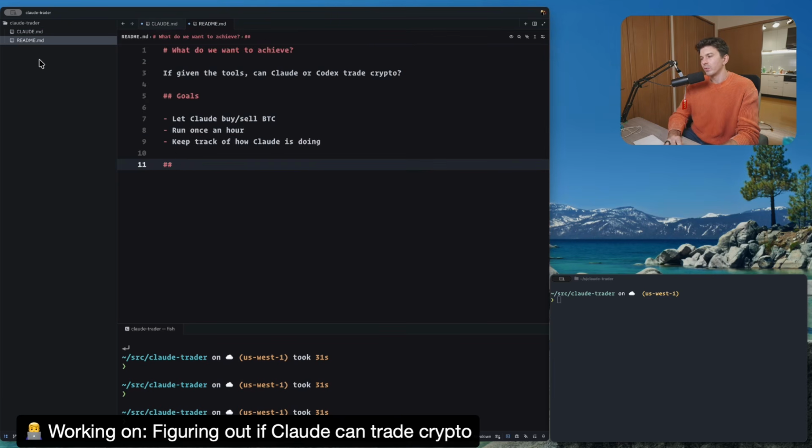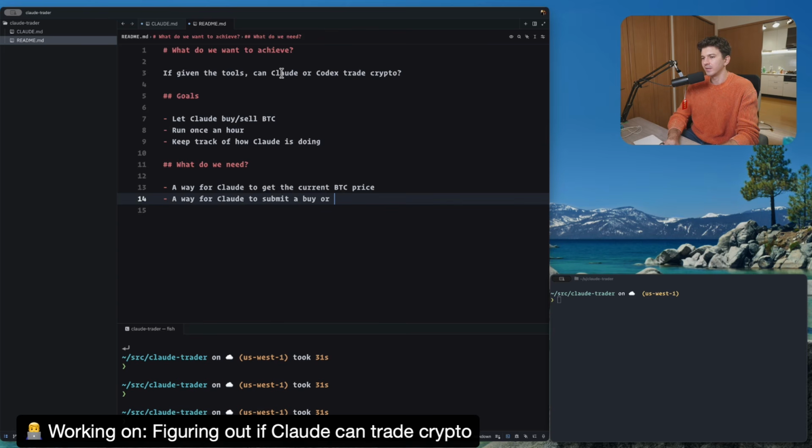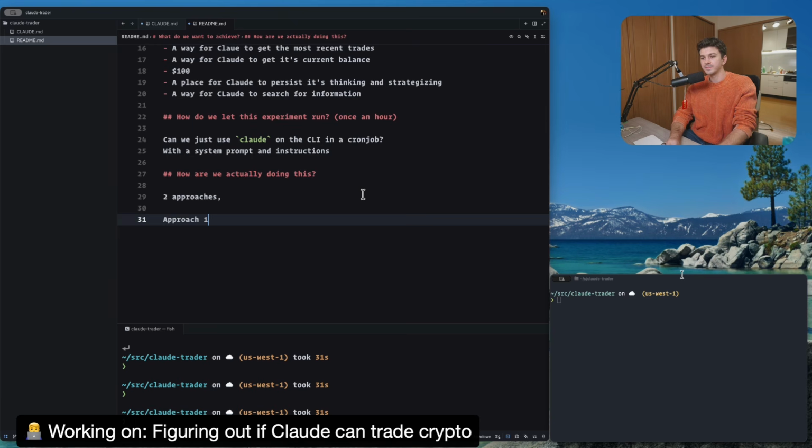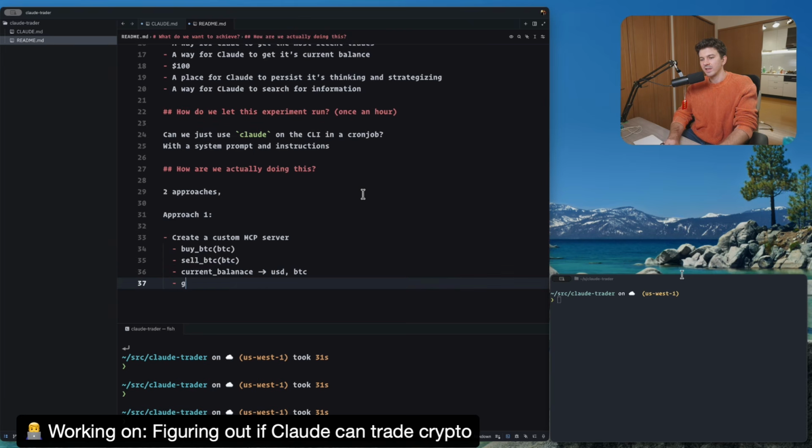To do that, what do we actually need? A way for Claude to get the current BTC price, and to submit a buy or a sell order. So I think there are two approaches here. Approach one is we create a custom MCP server, which has tools like buy BTC, sell BTC, get price, current balance, something like that.